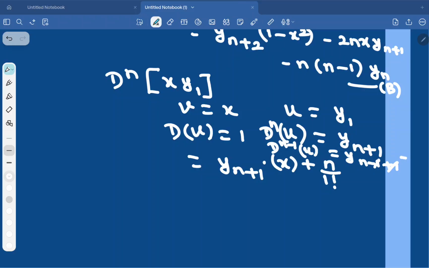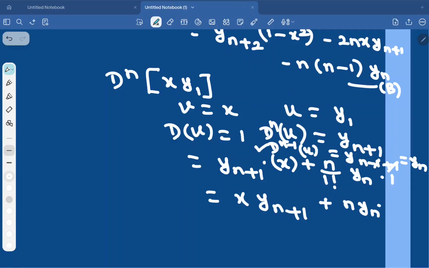Minus 1 plus 1 cancel, simply yn. This is d power n minus 1 of u, that is yn into 1. Simplify: x y n plus 1, 1 factorial is 1, yn. This is equation C.